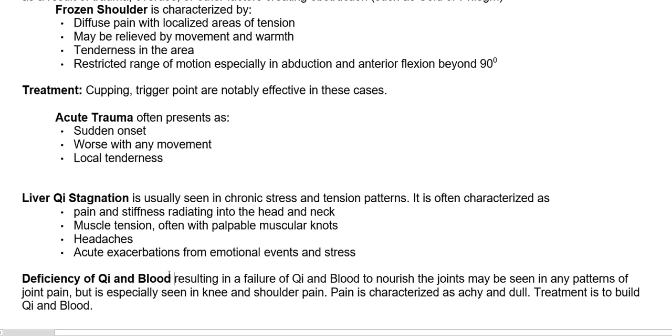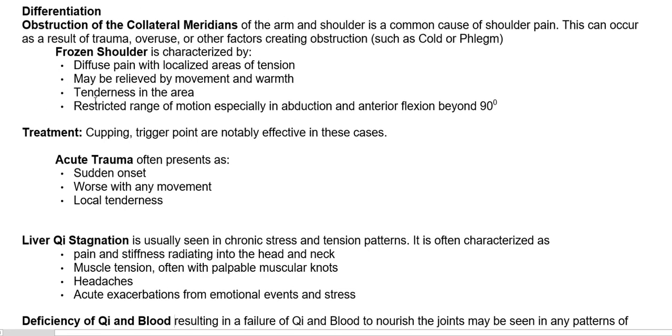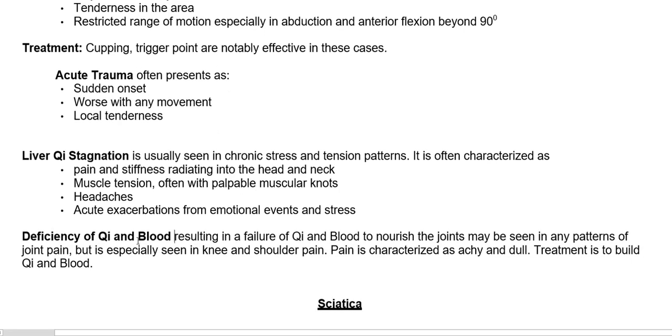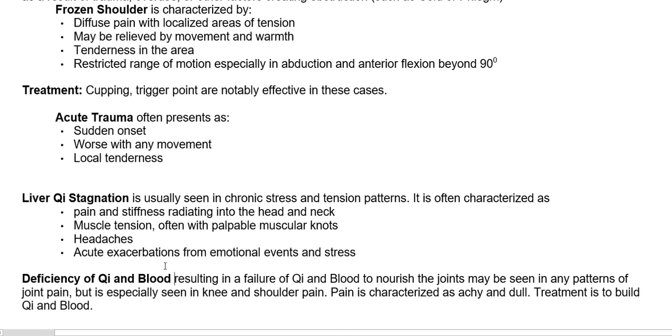In these cases, really in contrast to our above cases, which almost always resolve as we use cupping and trigger point and just reestablish the smooth flow of qi and blood, and we bring old obstructions back into harmony, here you really have to treat the qi and blood to build back the joint.